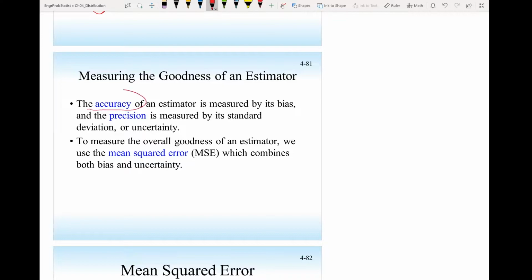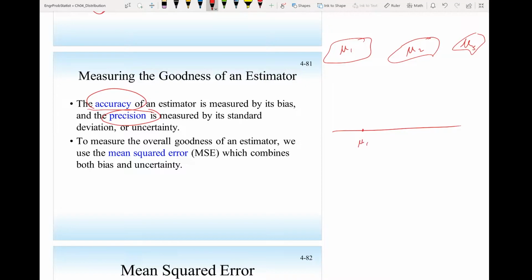We use accuracy and precision, similar to what we did in chapter 3 when we evaluated error. Just imagine you come up with an algorithm to estimate an average. You have a population here, another here, and a third here, and you are trying to estimate mu1, mu2, and mu3. Let's assume the actual values are here, here, and here.